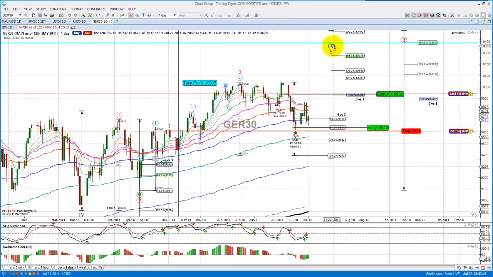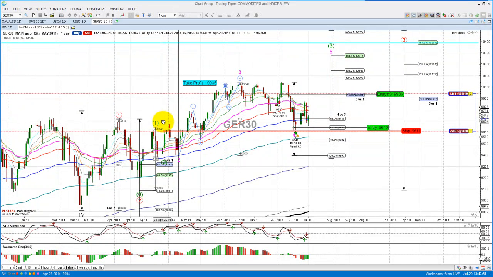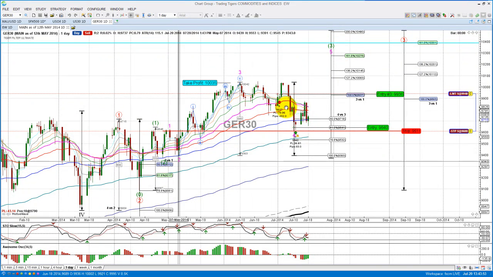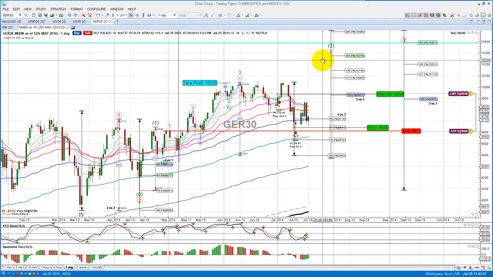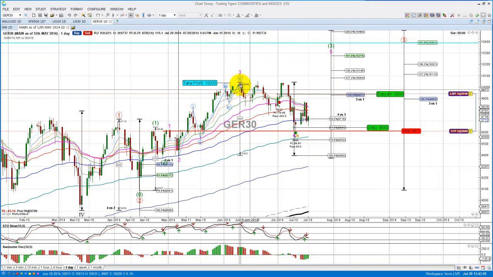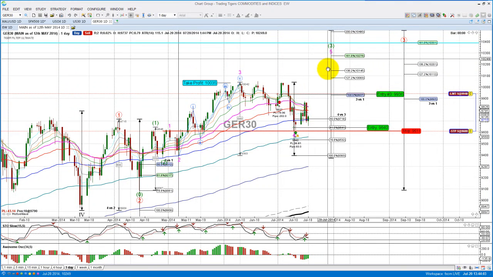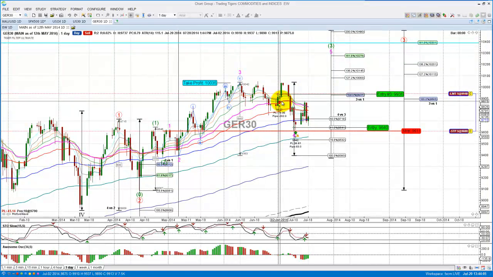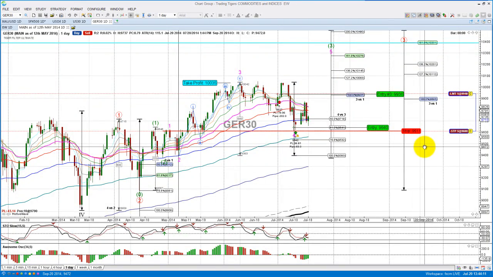Its substructure is the intermediate, that's green and in brackets, 1, 2, and that's in a 3. Then its substructure is the minor degree, 3, 4, 5. So yeah, we've taken a trade at 9936 and the stop level is 9611.